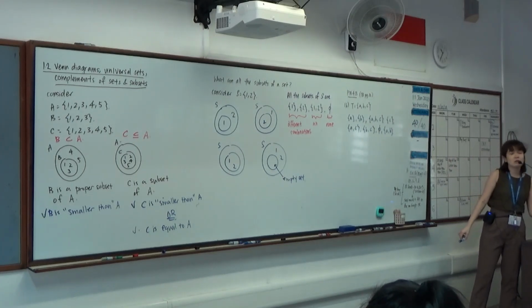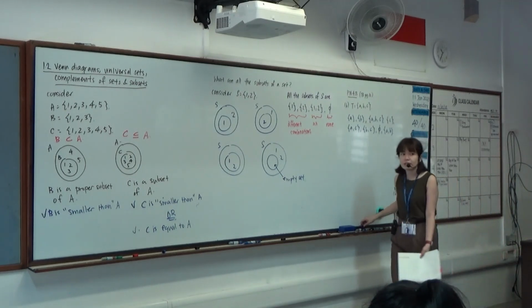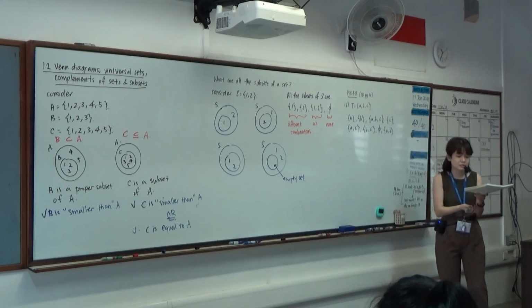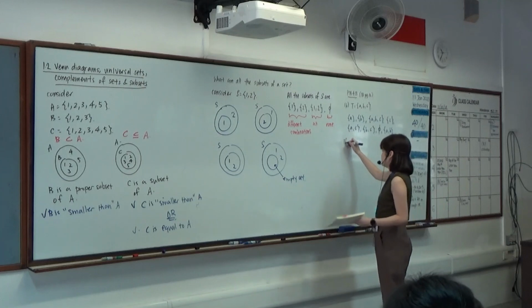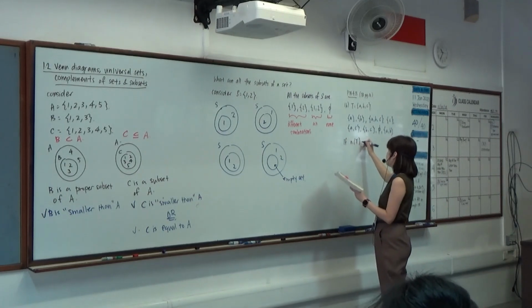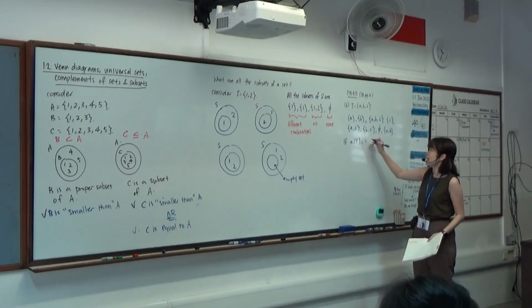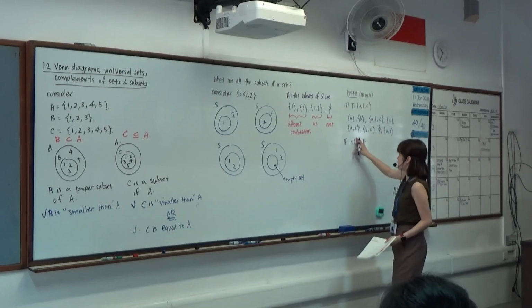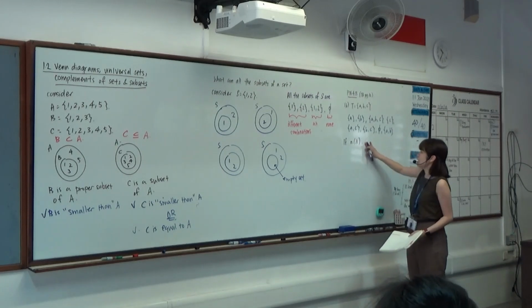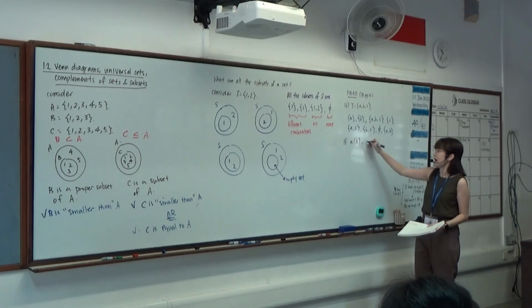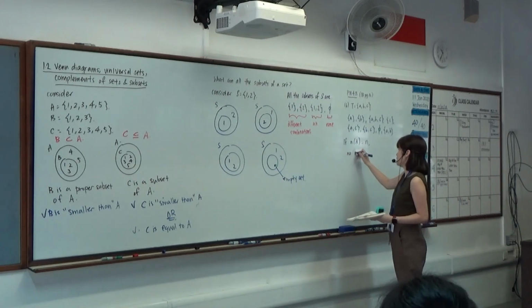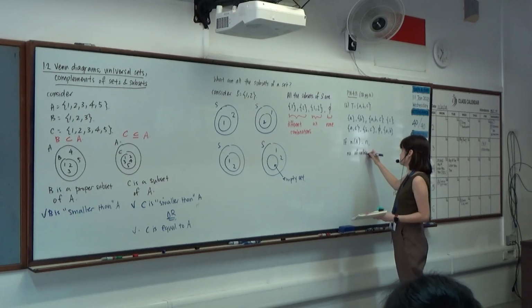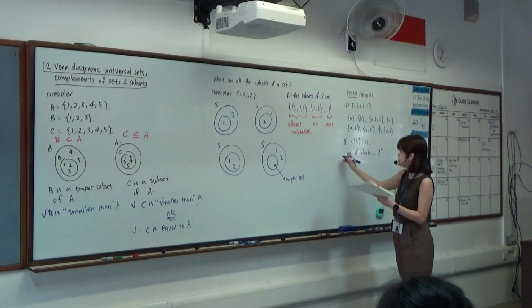One general way for us to check whether we have identified all the subsets or not is to count. Let's just do it in a generic manner first. If a set A has n elements, then the number of subsets will always be 2 to the power of n.